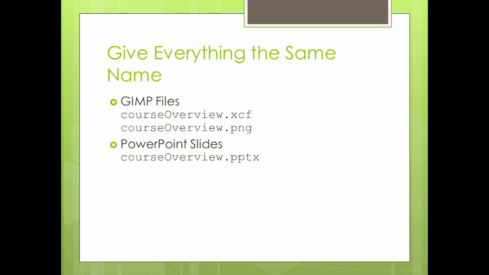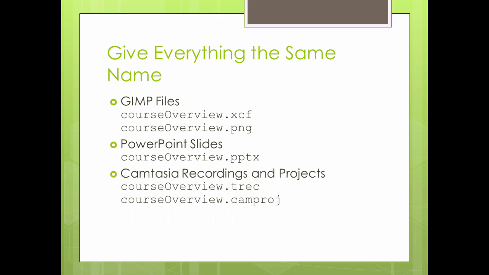If I have PowerPoint slides, I'm going to call them courseOverview.pptx for PowerPoint slides. Camtasia recordings would be named the same way, and you just keep following this naming convention for all the files that you put in there, and in this way related files will be grouped together when you look at the directory contents.